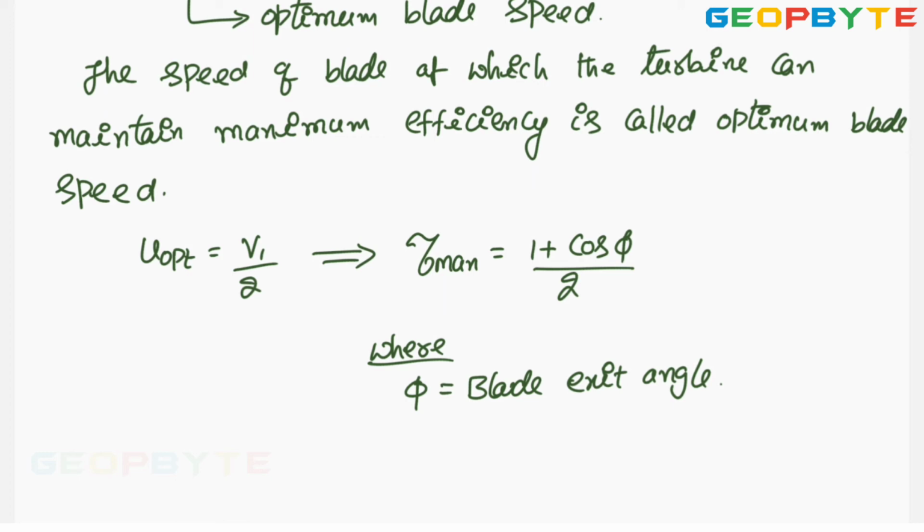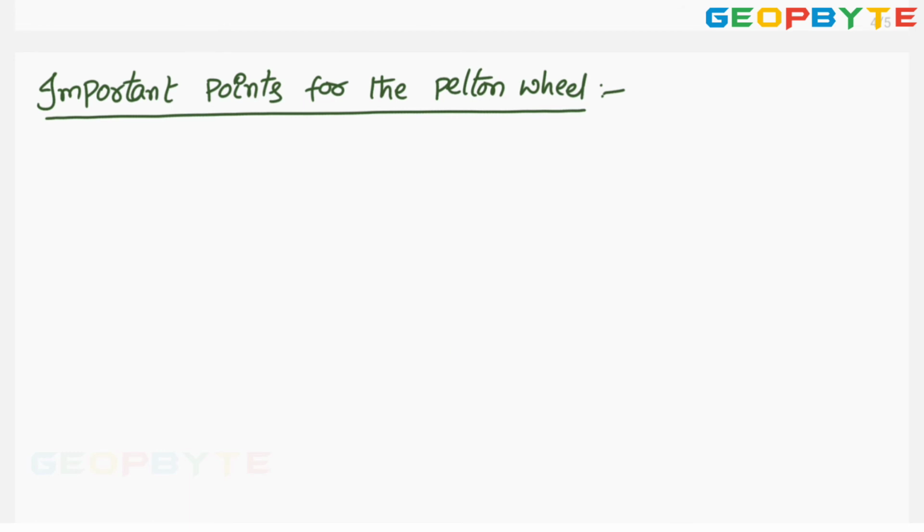Now let us discuss the important points for the Pelton wheel. The first one is the velocity of jet.